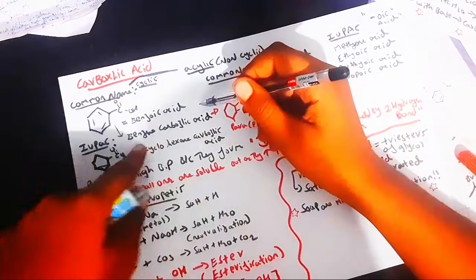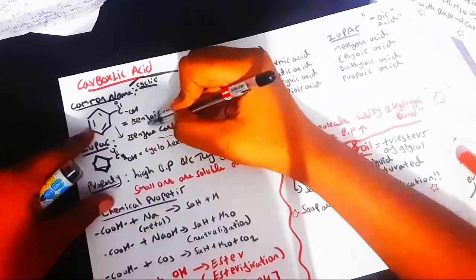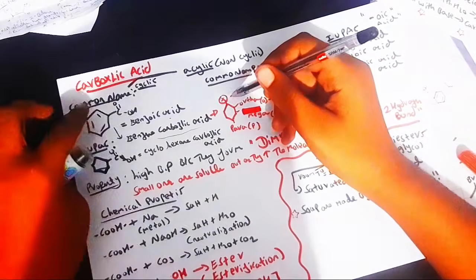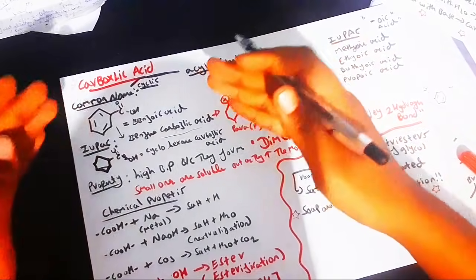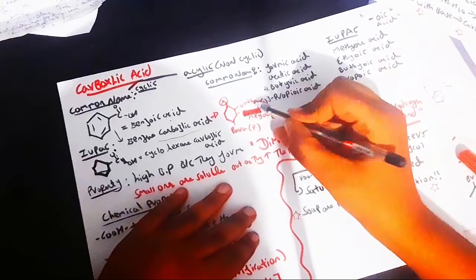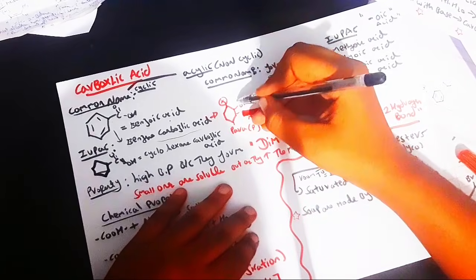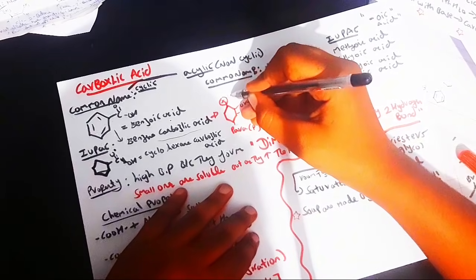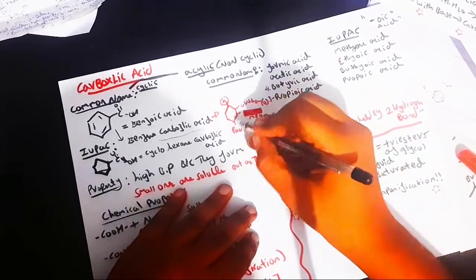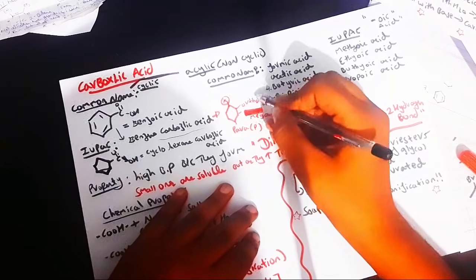For the common naming of cyclic ones, we follow ortho, meta, para. So if there is a methyl group at position 3 and bromo here, we say o as a prefix, and then it's going to be bromo.